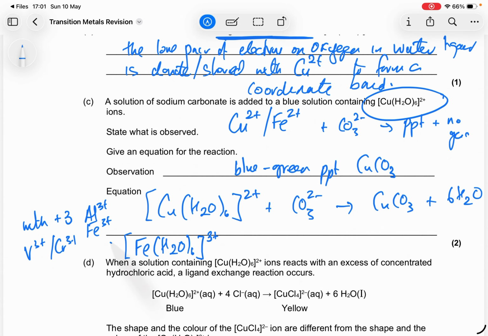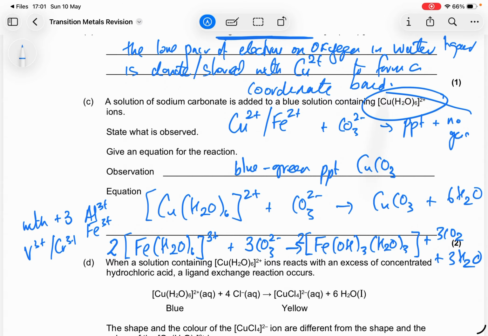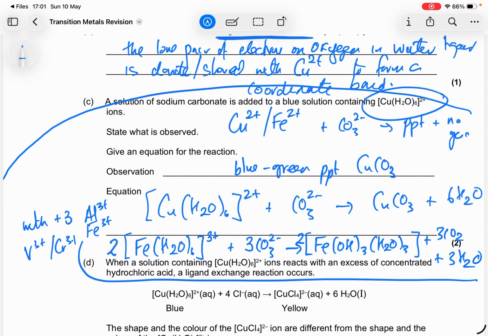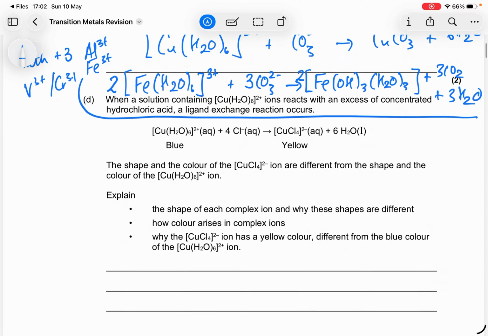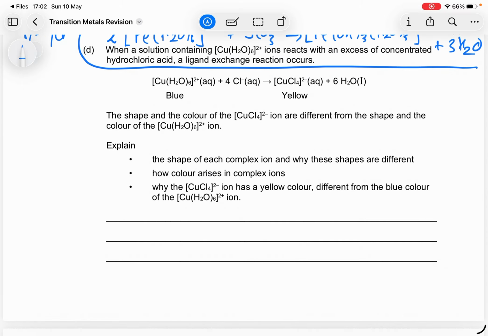You will need 2 Fe3+ plus 3 carbonates, and this time you will get a precipitate which will be, as drawn, 2 of those, and 3 carbon dioxides and 3 waters. This reaction is one of the most popular reactions that comes up. So that's key.